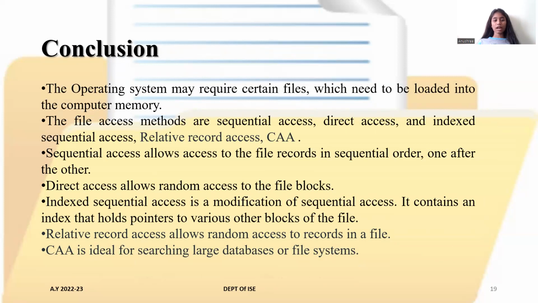Direct access allows random access to the file blocks. Indexed sequential access is a modification of sequential access. It contains an index that holds pointers to various other blocks of the file. Relative record access allows random access to records in a file. CAA is ideal for searching large databases or file systems.